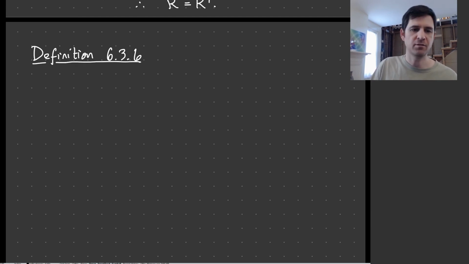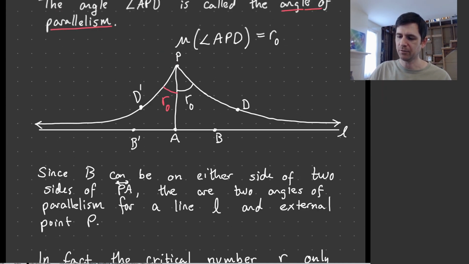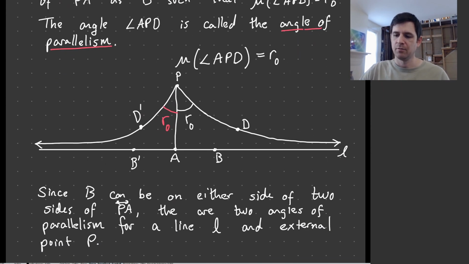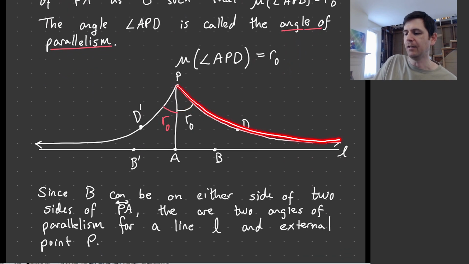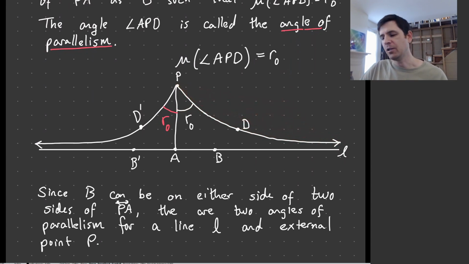So definition 6.3.6. So the next thing we want to do, so let me scroll back to this picture. So we know that we have this special angle, which is sort of the first angle where we get a parallel line when we go out from P at that angle. And we know that all these lines are parallel. And we know that what this angle is only depends on this distance.